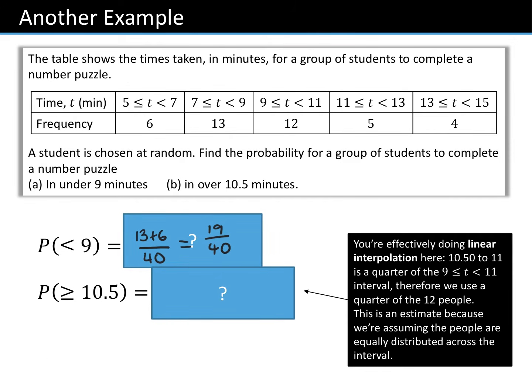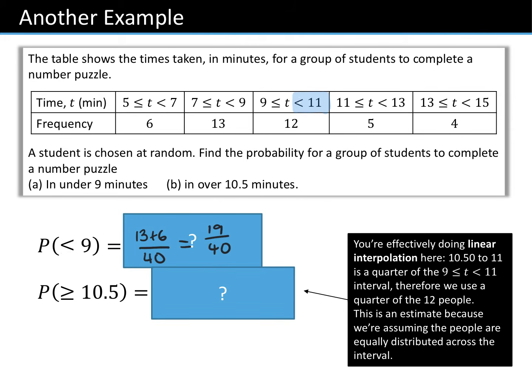Now, if it was less than or equal to 9, you're going to see what we're going to do. What we're actually going to do now, as you can see here, we want the probability of having greater than or equal to 10.5. 10.5 is roughly in this interval somewhere, isn't it? Okay, we're going to do our favourite thing, interpolation. Now, the thing with interpolation here is we're going to assume that it's evenly spread out. So when we're doing probability, we're going to assume a bit more of an even distribution.